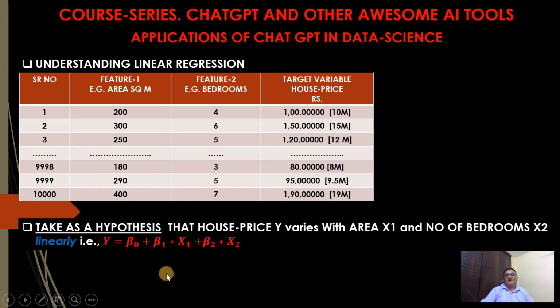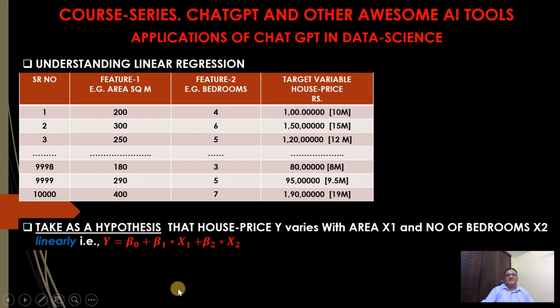Now, even this word linear manner also will require some explanation, but that means if I want to make an equation, then y is equal to some constant beta 0 plus some other constant multiplied by area plus some other constant multiplied by number of bedrooms.